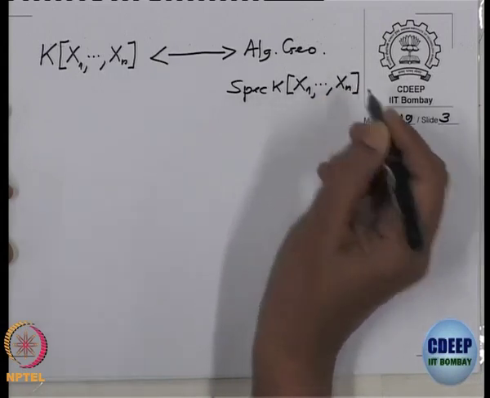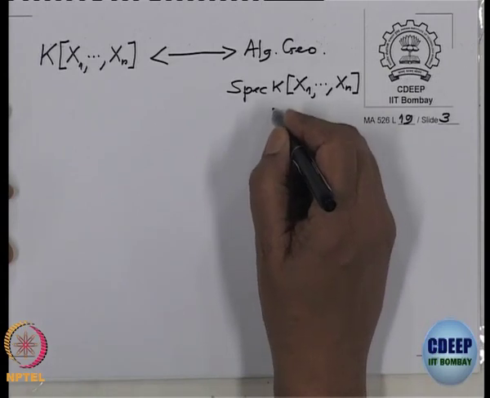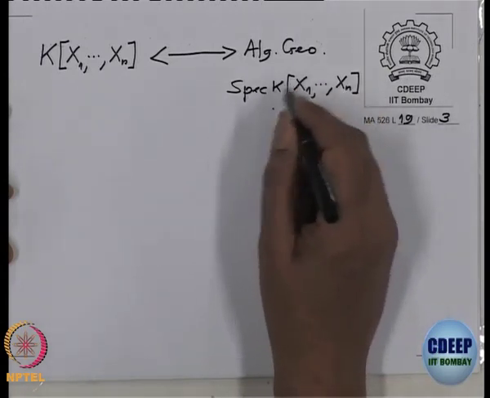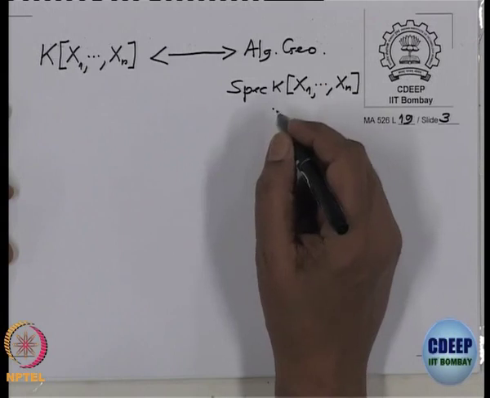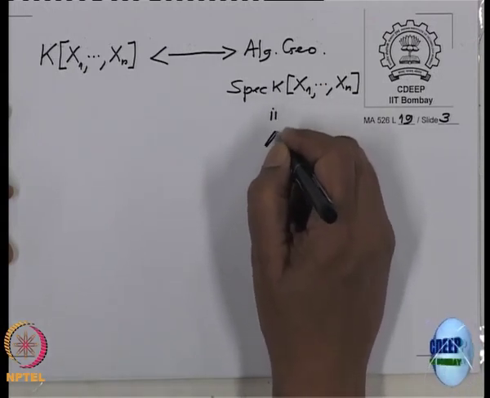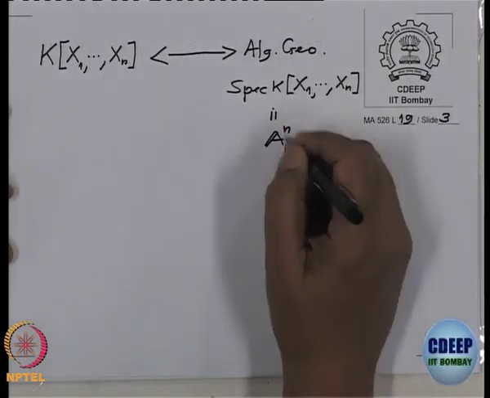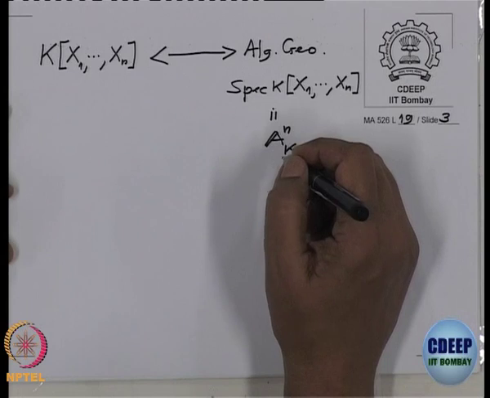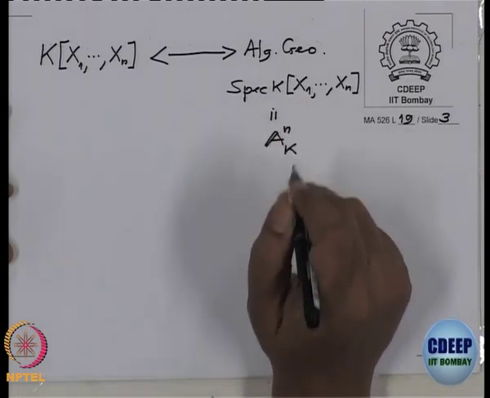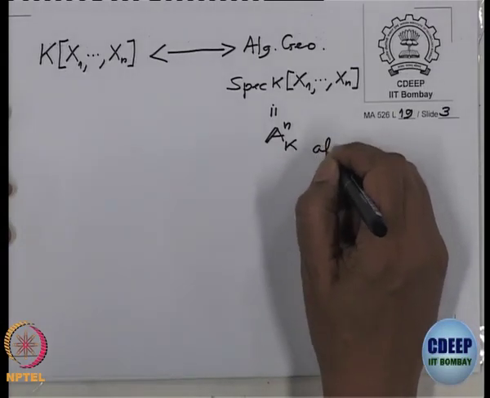This topological space is the Zariski topology. This is also called, by some people, the affine n-space over the field. This is also usually denoted by A^n_k. This is not k to the power n, but the spectrum is also known as affine scheme. Actually, it is called an affine scheme.